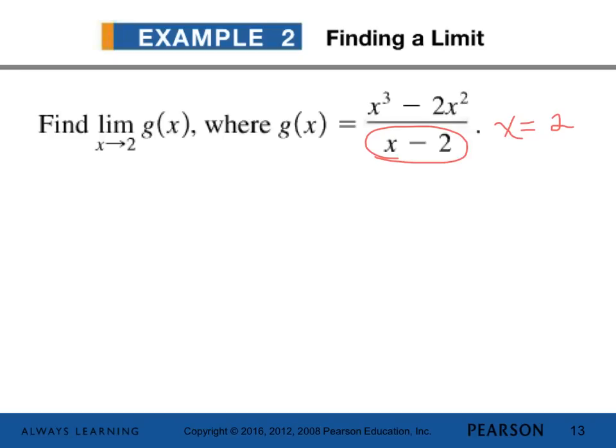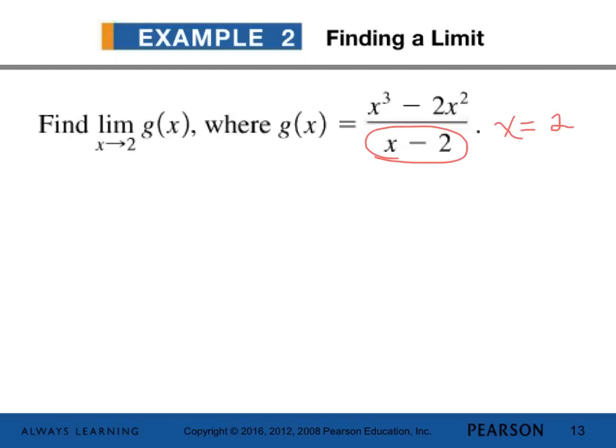Now, we can find the limit graphically. We can find the limit algebraically. We can find the limit using a table. You've seen all three methods. Finding the limit with the table isn't going to be terribly difficult.